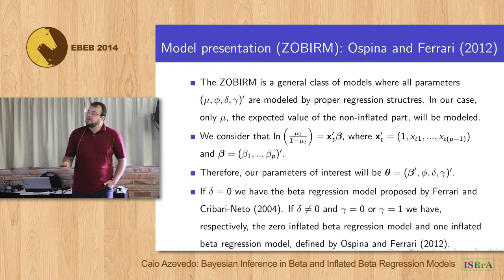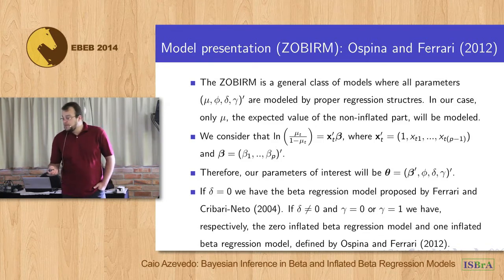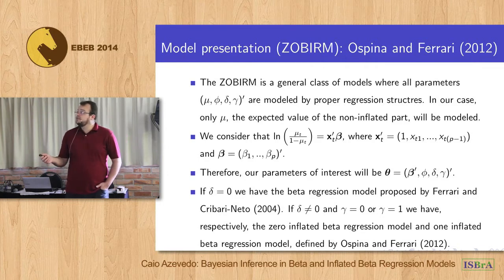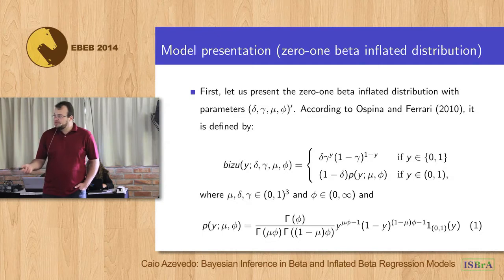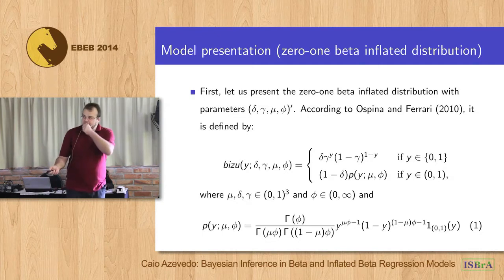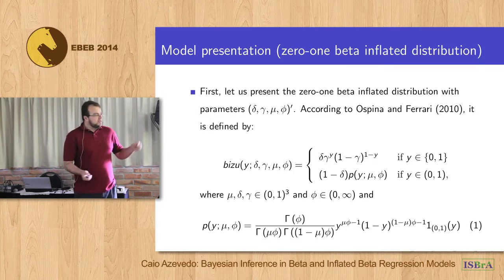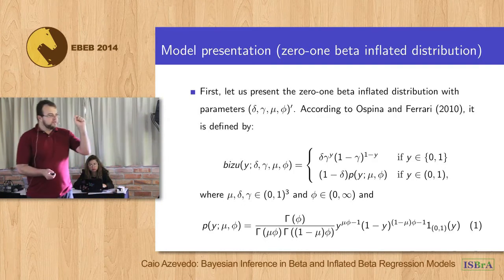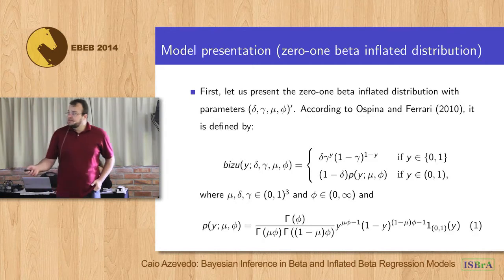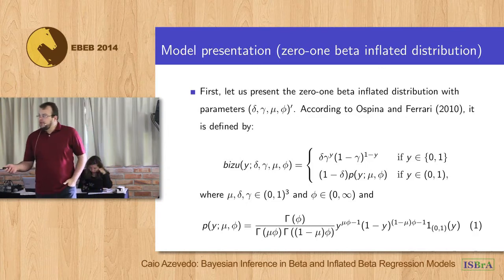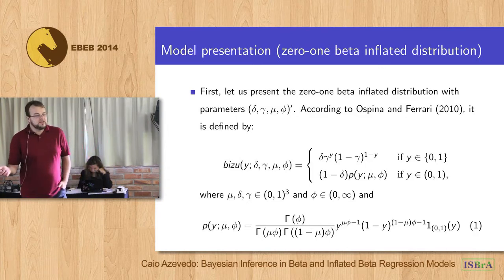The 0-1 inflated beta regression model was proposed by Ospina and Ferrari in 2012, and it consists of modeling not only the expected value of the beta distribution, but also the precision parameter phi, the delta parameter that represents the probability of an observation being inflated, and also the gamma parameter, the probability of the observation being equal to 1 given that it is inflated.